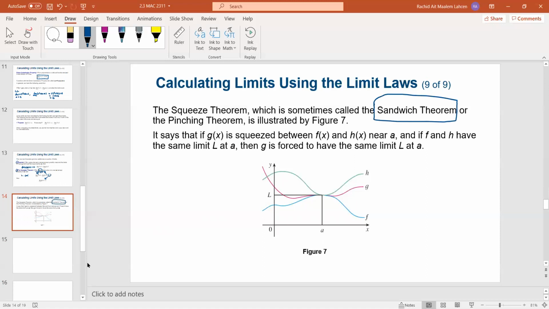It's a sandwich because you have h the upper and f the lower, and you have g in between. And you see, if for f it's L, and for h it's L, and we know that g happens between f and h, then it must be L as well.